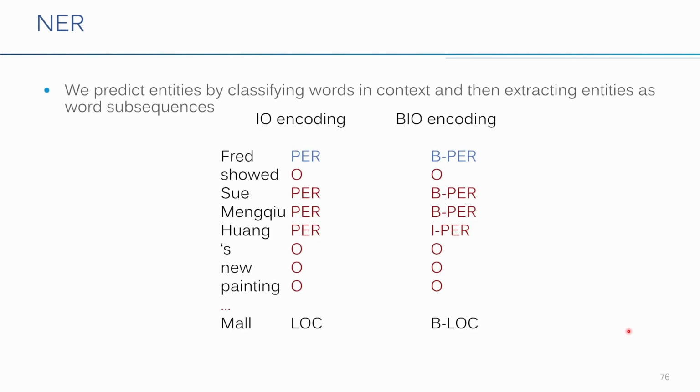Two of the most famous ones are BIO, or beginning, inside, and outside of a text segment, or BILOU, which is beginning, inside, and last token of multiple token chunks.